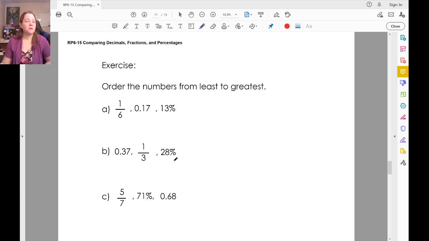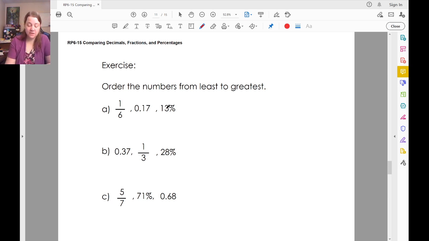So now what we're going to do is order these numbers from least to greatest. It's kind of up to you which way you choose. I know that I like to work with percentages, but with 1/6, 6 doesn't easily go into 100. So I have a choice here.